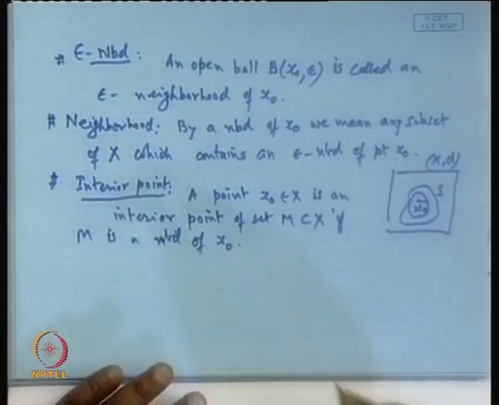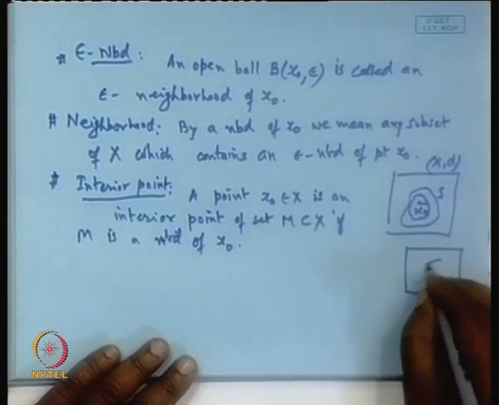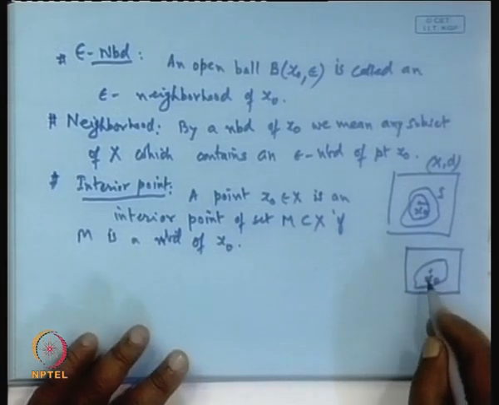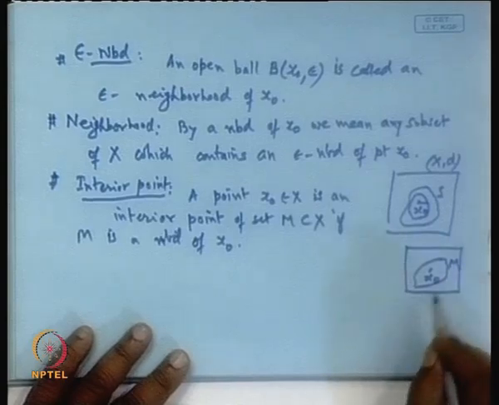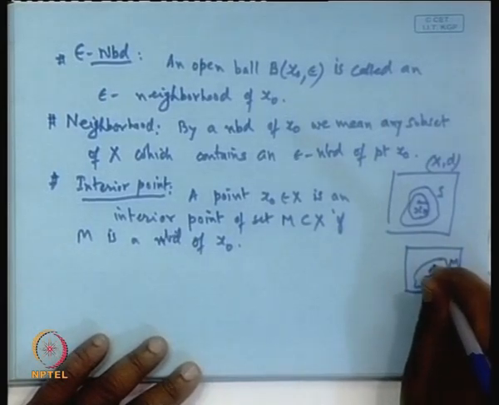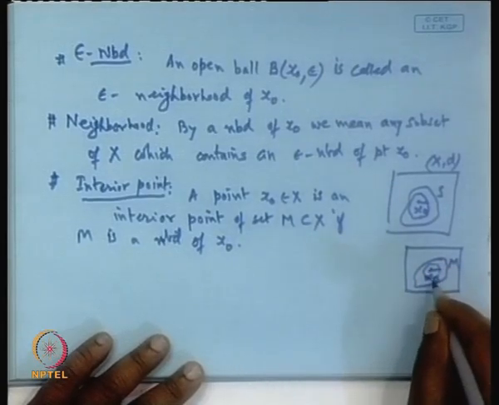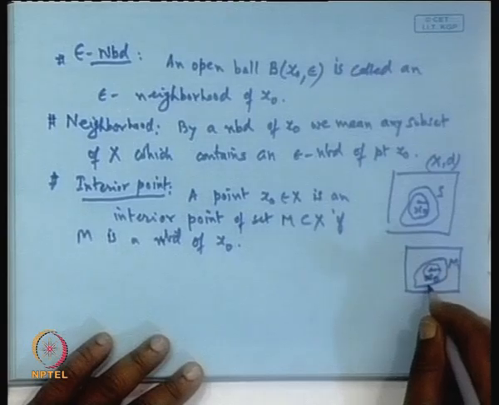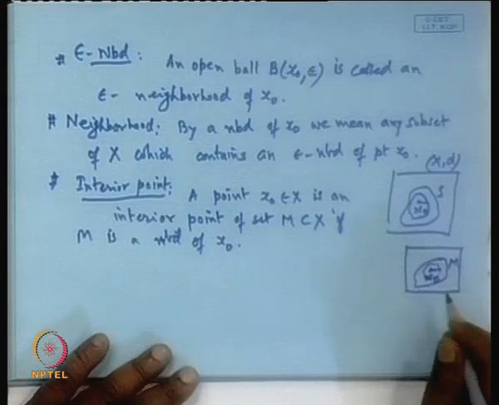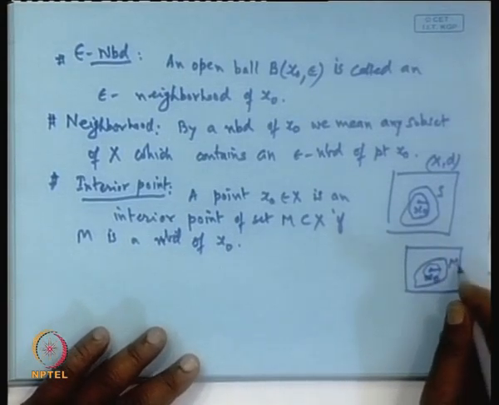What is the meaning of this? Let M be a set and x naught a point. We say this is an interior point of the set M if there exists an open ball around the point x naught with some radius epsilon which is totally contained inside M. Then only M will be a neighborhood of this. So, if such a point is available, then that point is called an interior point of M.